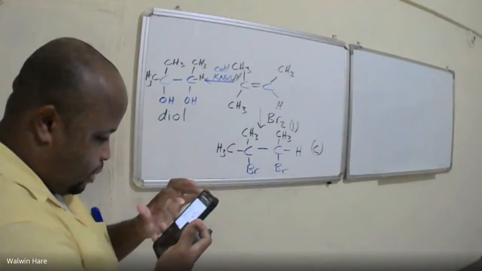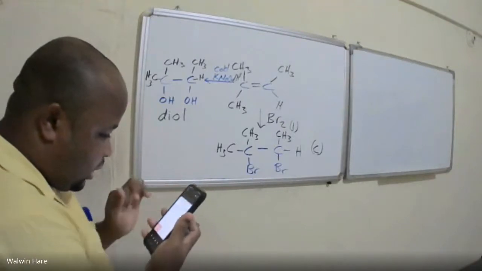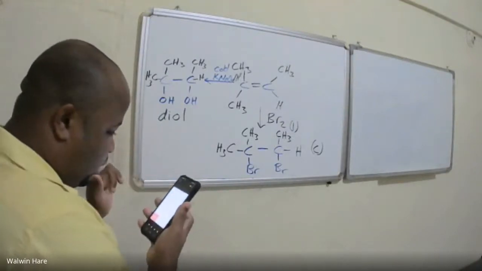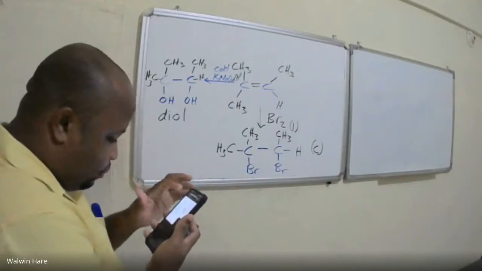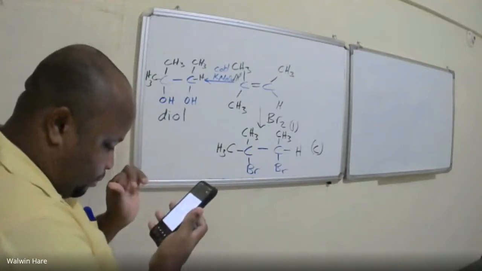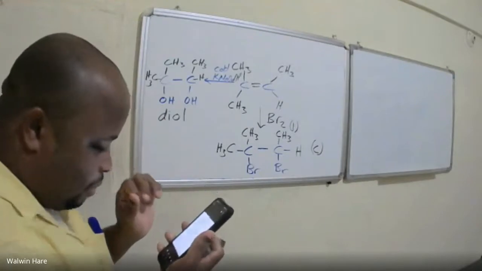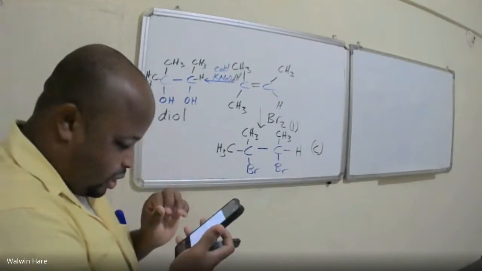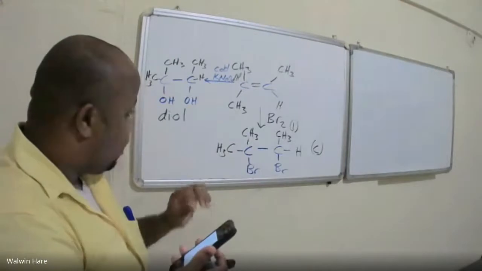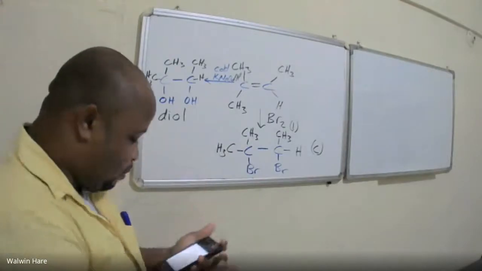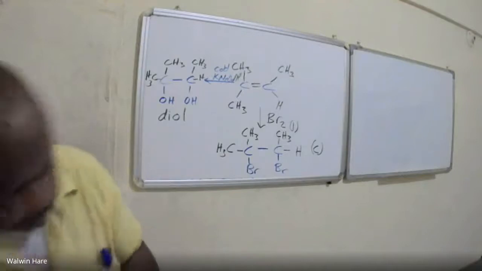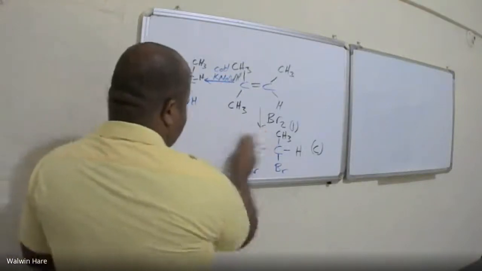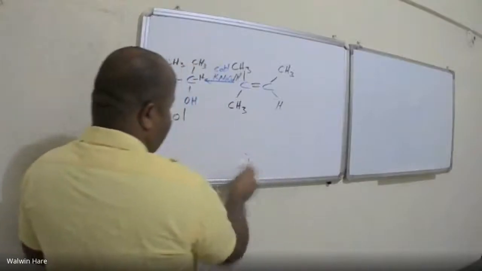Alright, so now for the others, it says state the reagent and conditions necessary for each of the reactions. So from A to B. Can you tell me the name of the reaction occurring when it is converted from A to B? So we put B on the board. Sir, is it oxidation? Right.